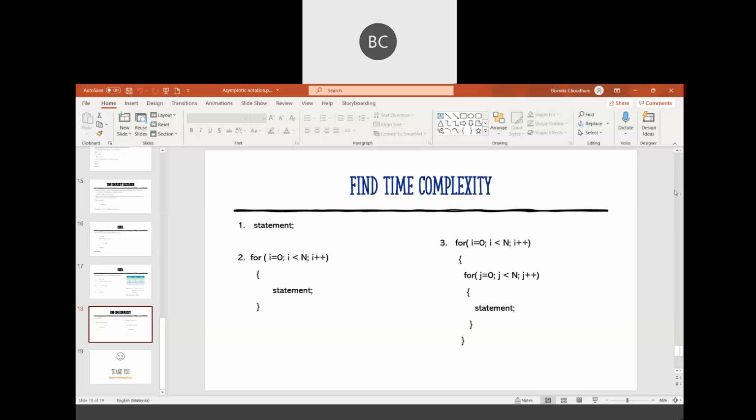Okay, I guess in last class I gave you guys homework to find the complexity of these three statements. So anyone tried? Have you tried this one?